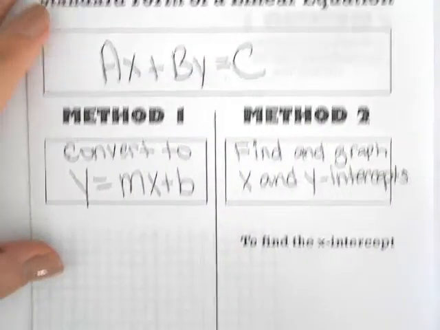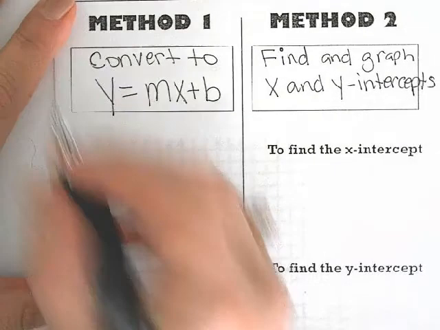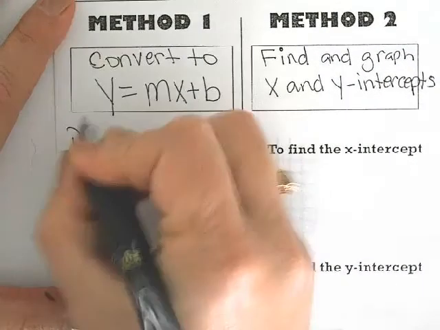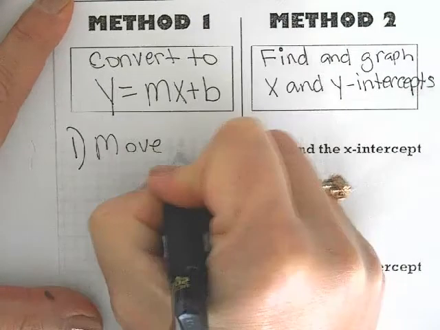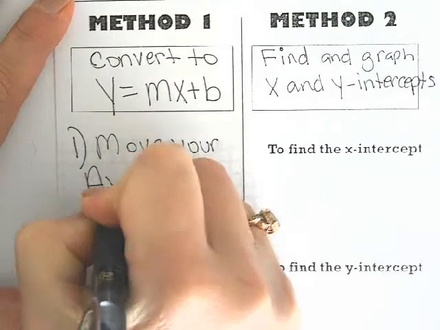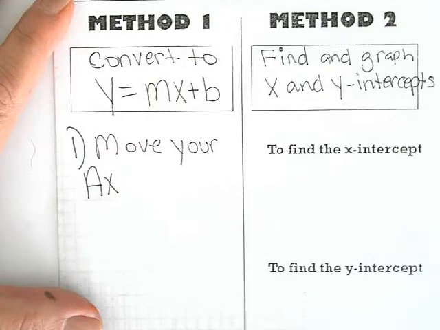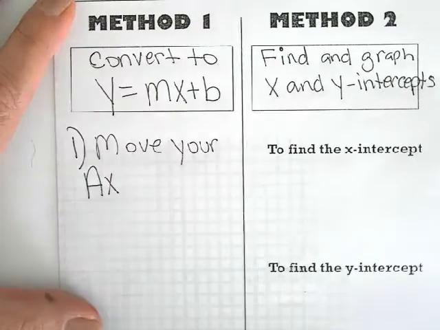For method one, we're going to write down the steps. Number one, move your Ax to the other side. So that just means if I had 5x plus 6y equals 10, I would move whatever's next to x to the other side.